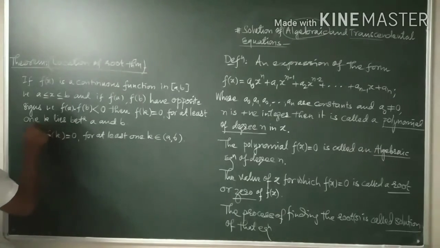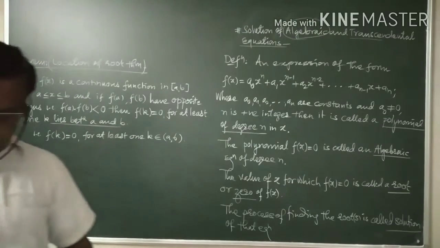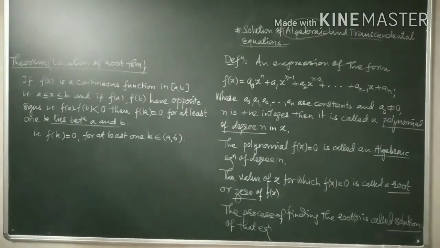This is what we mean by k lies between A and B. This is what we call the location of root theorem.